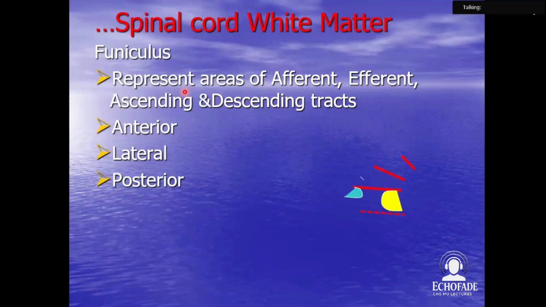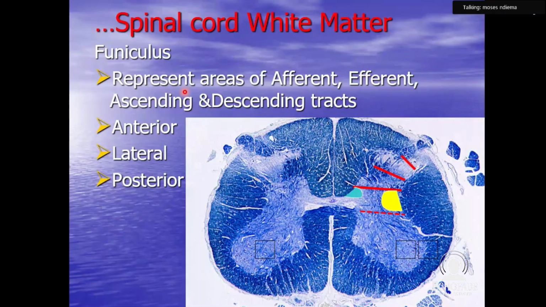Now, here we have different representation. In the white column, we talked about them. They represent afferent and efferent, ascending and descending tracts. The tracts within the white column that go to the brain carry the prefix spino, which is where they originate from, and where they end up is the next part.